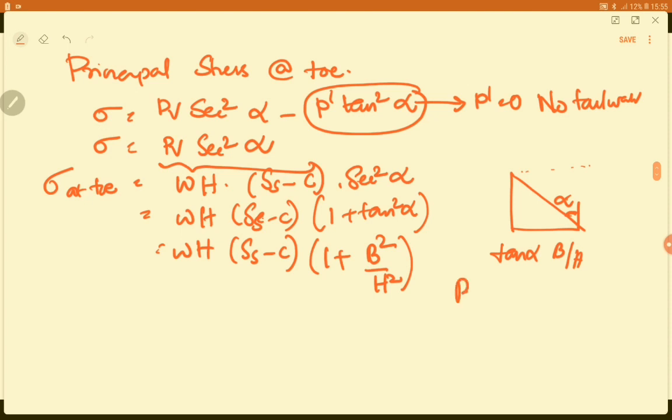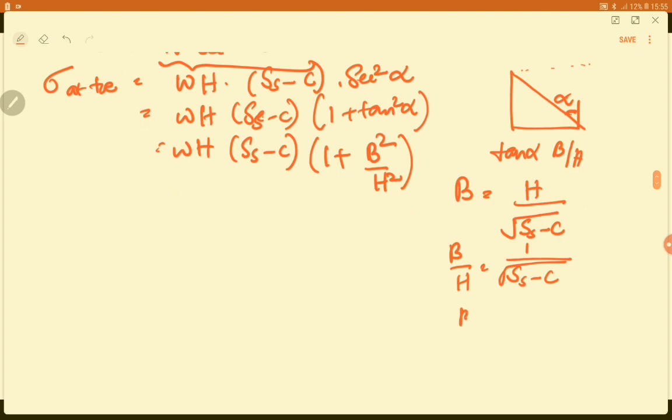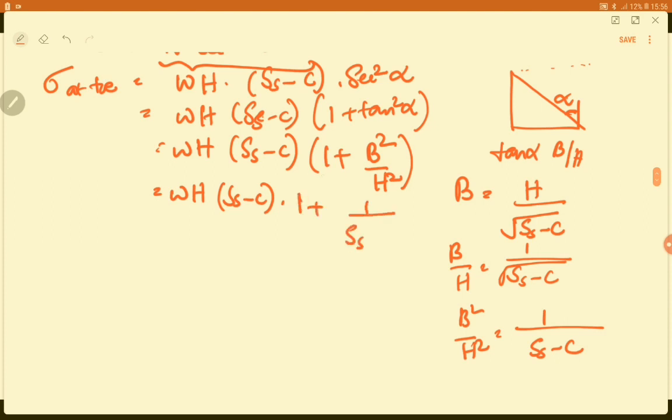You already know B is equal to H by root of SS minus C. So, B by H is equal to 1 by root of SS minus C. So, B square by H square is equal to 1 by SS minus C. Substitute it here: WH into SS minus C into 1 plus 1 by SS minus C. The equation becomes sigma is equal to WH into SS minus C plus 1.